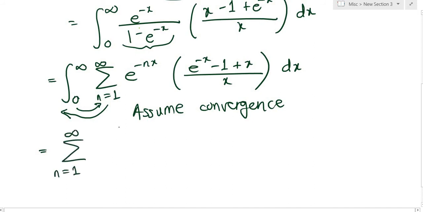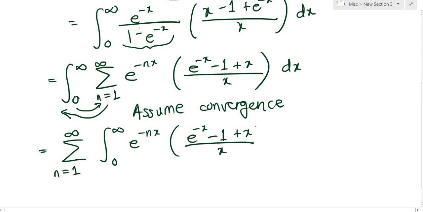So we have the sum from n equals 1 to infinity outside, and then the integral inside from 0 to infinity of e raised to negative nx. Since this has an x term, we can't take it outside the integral completely. And we have e raised to negative x minus 1 plus x over x dx.